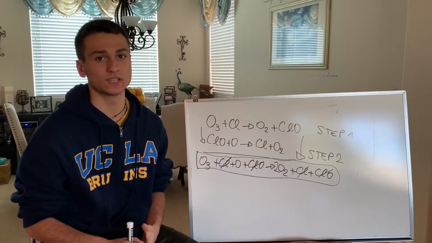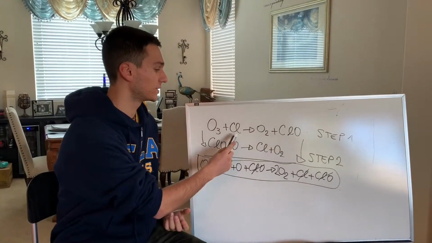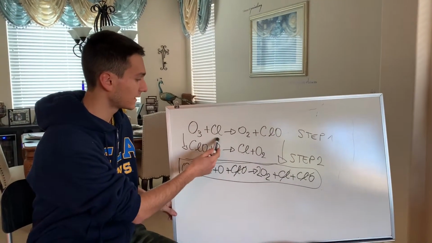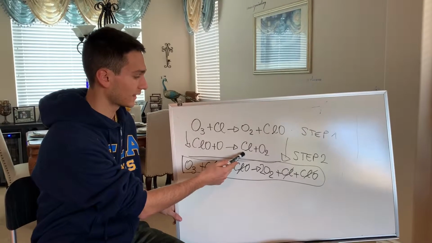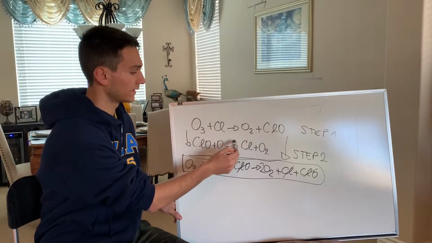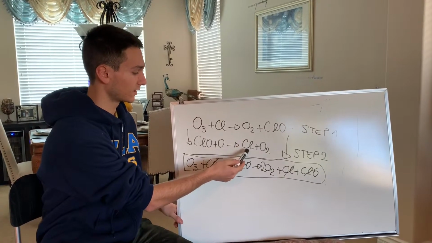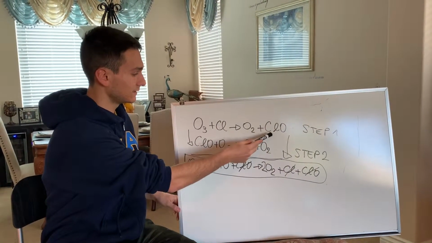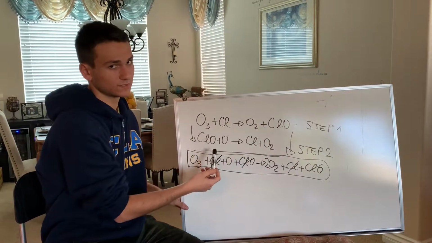But it's not used up, it's recycled, and it appears at the end. So here the chlorine is the actual catalyst because it appears at the end. It's used up and then it comes out again. Instead, ClO doesn't take part in the overall reaction.